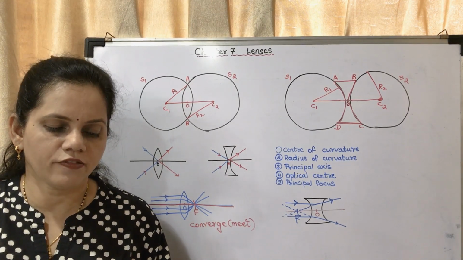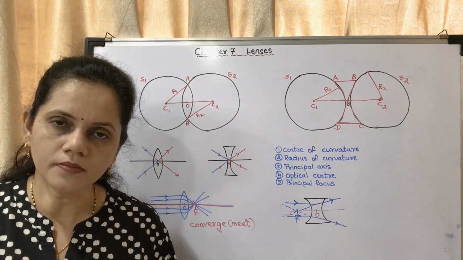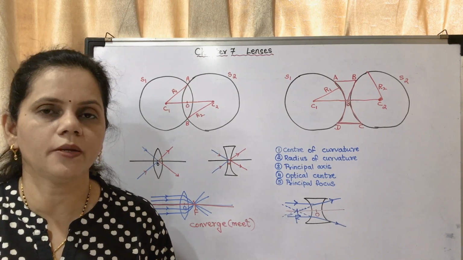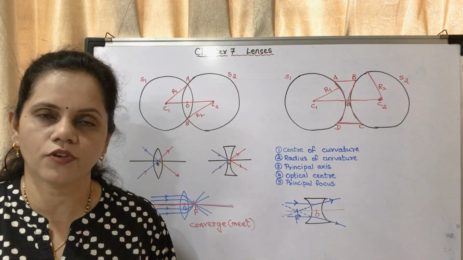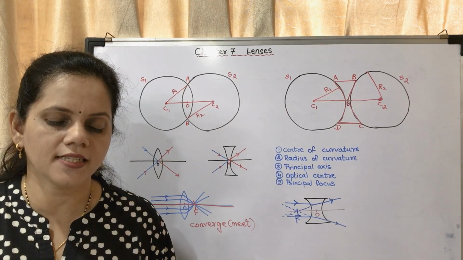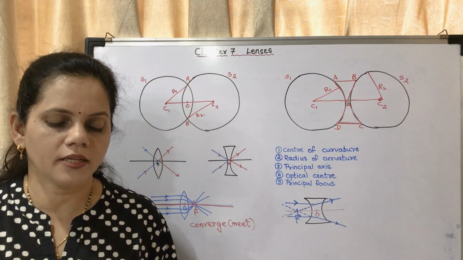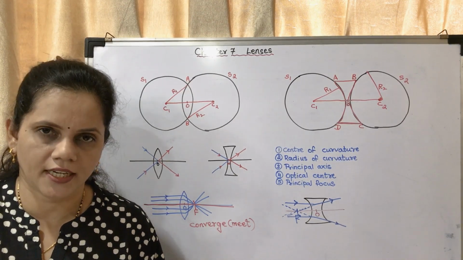Now the principal focus. For principal focus you have to write the second paragraph under that topic. Light rays parallel to the principal axis falling on a convex lens come together, that is, get focused at a point on the principal axis. This type of lens is called a converging lens.